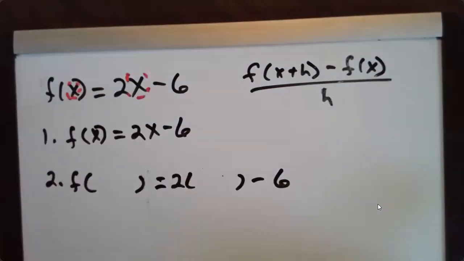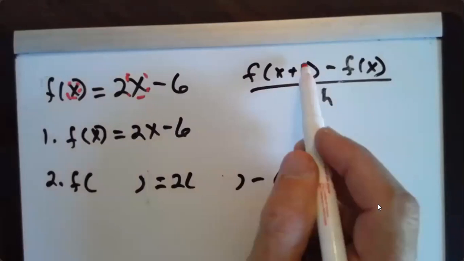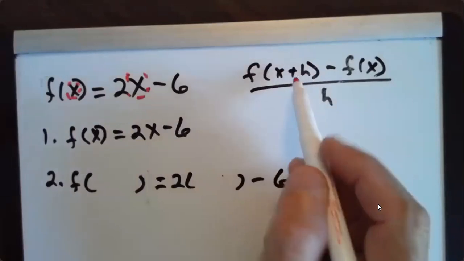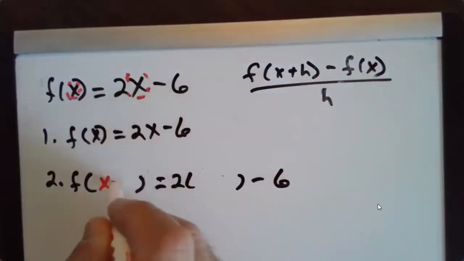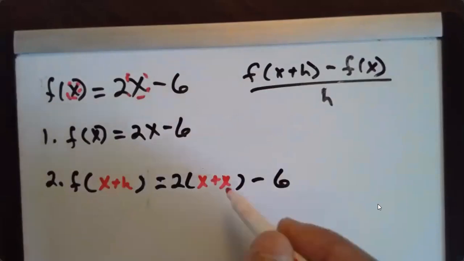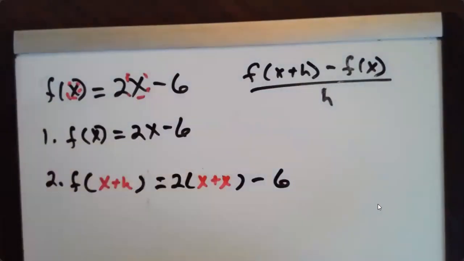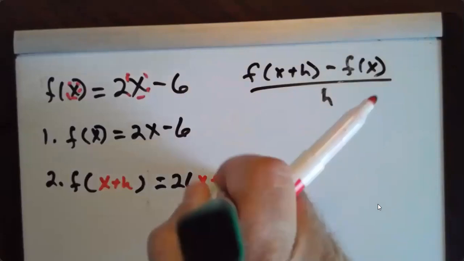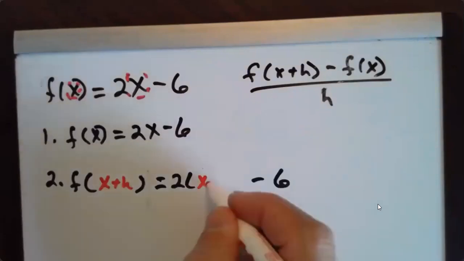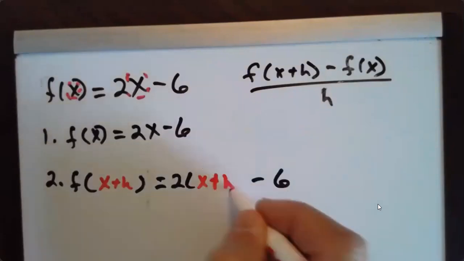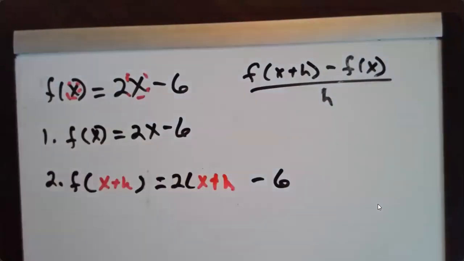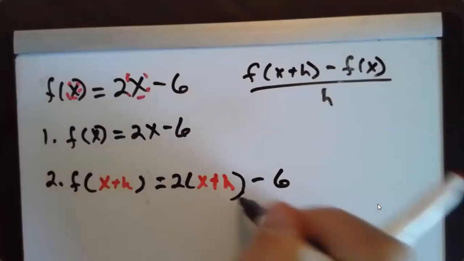And then where the x was, we put x plus h. So we put x plus h and x plus h. That's an h. And so now we simplify that.